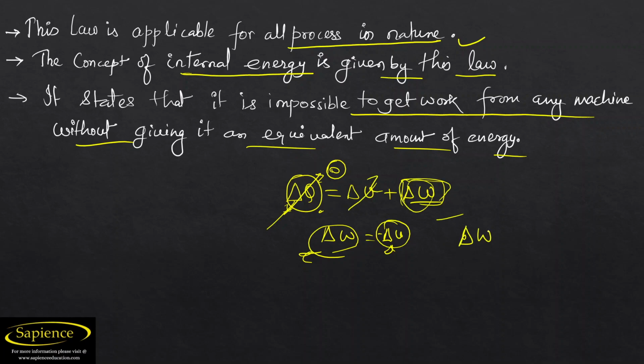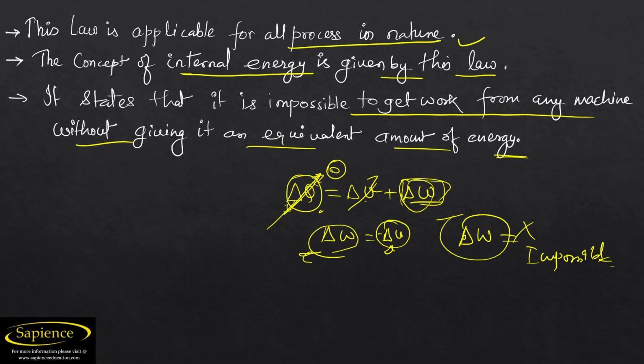It is not possible that no internal energy changes, no heat is supplied, and in spite of this we get work done. It is impossible. So the law states that it is impossible to get work from any machine without giving it an equivalent amount of energy. I hope you have understood this topic very clearly.